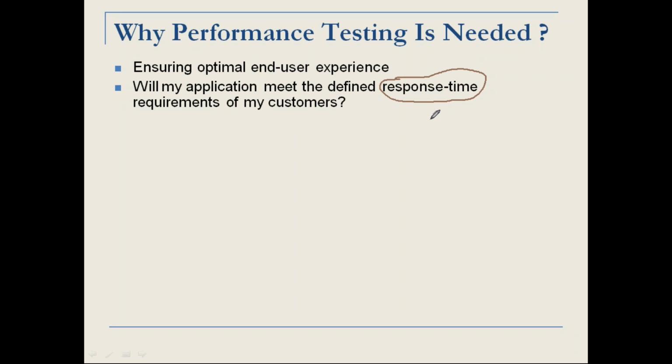Those transactions crossing 5 seconds are having bad response times, and we will report that. Now the development team should fix those functionalities so that those also fall into anything between 0 to 5 seconds. Okay, so that is the point here.